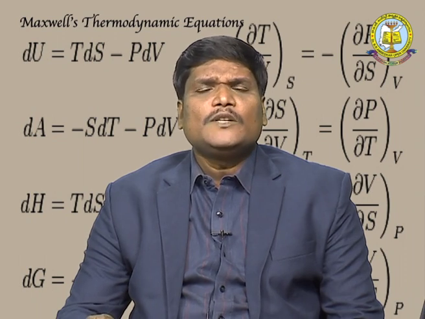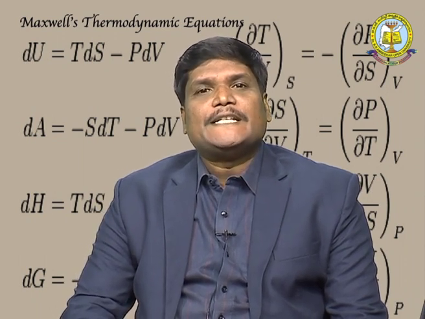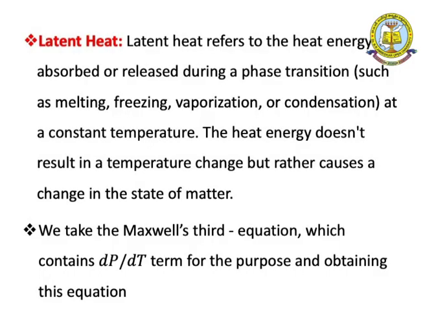Next, to derive this equation, you need to know what latent heat is. Latent heat refers to the heat energy absorbed or released during a phase transition, such as melting, freezing, vaporization or condensation.